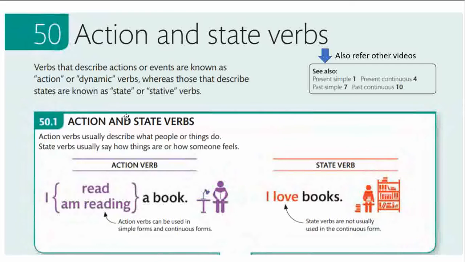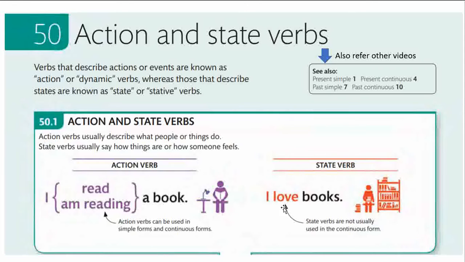Now let us explore the state verbs. State verbs usually say how things are, that means their state of being, and how someone feels, the feeling. They do not do any action as such. Now the state verb, I love books.